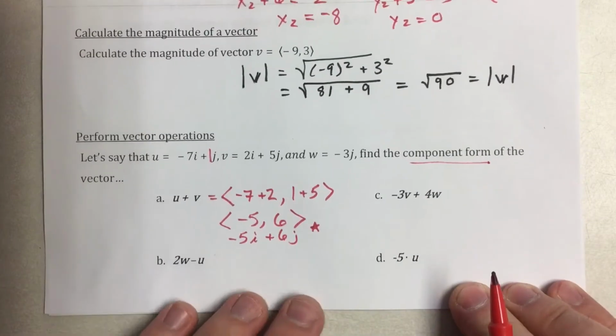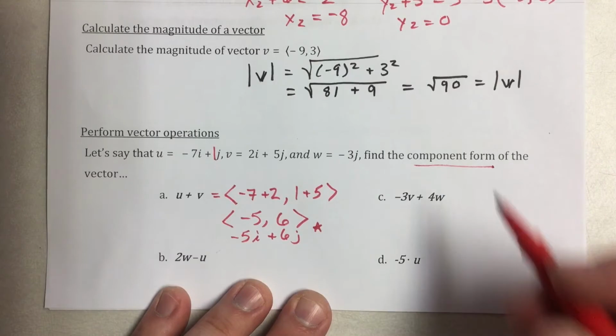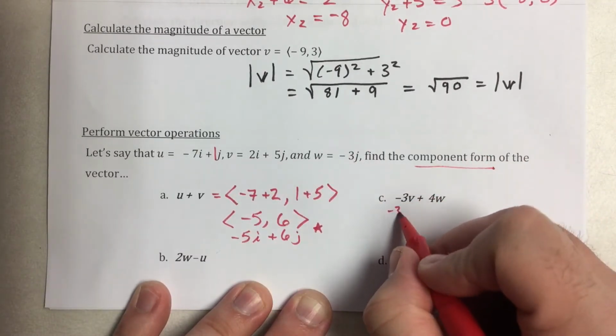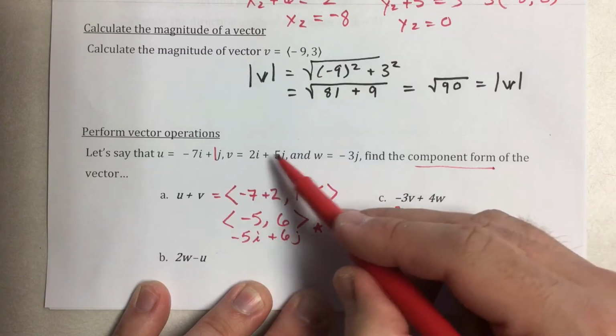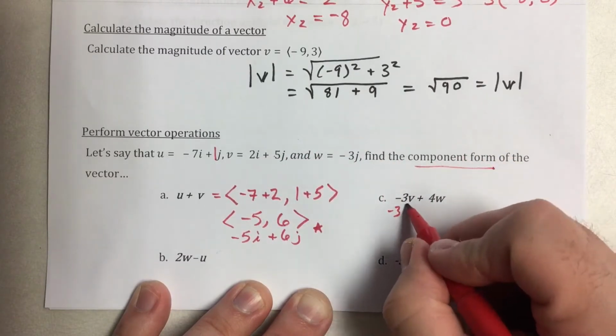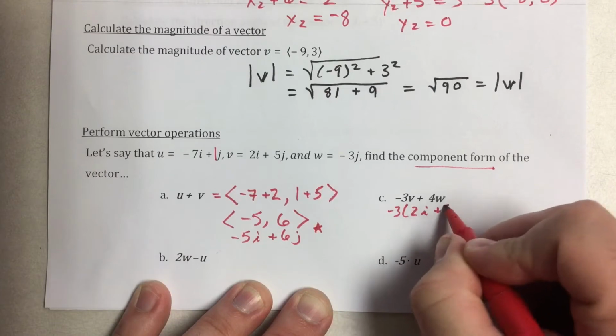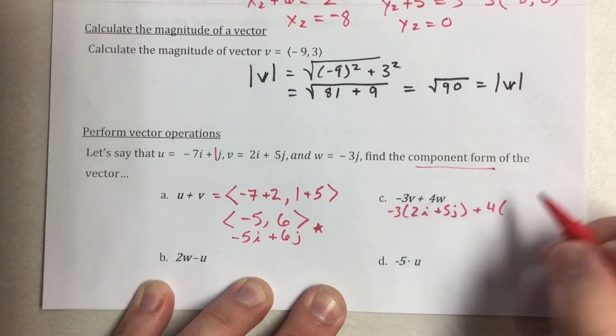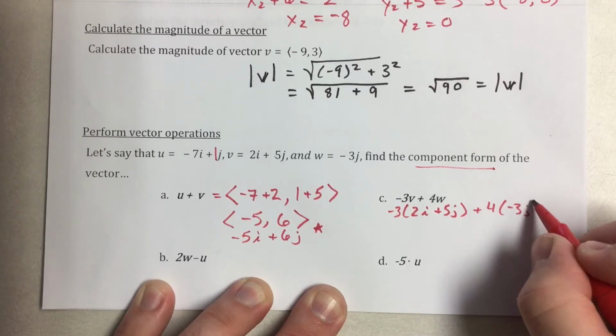Looking at negative 3v plus 4w, just going through this real quick: negative 3v is multiplying both components by negative 3. Then they want us to add 4 times w, which is just negative 3j.